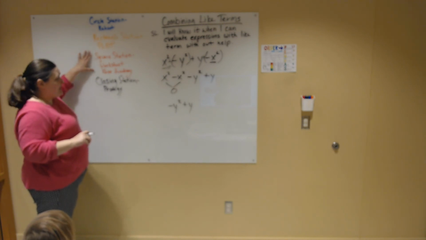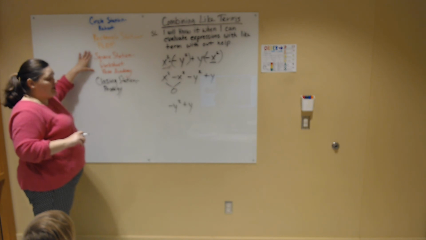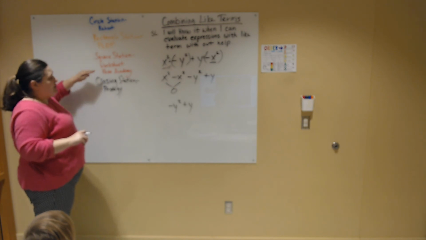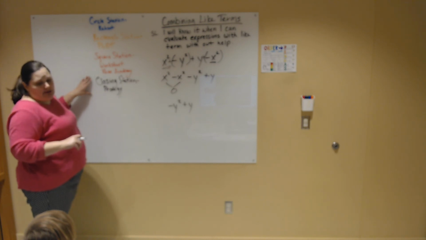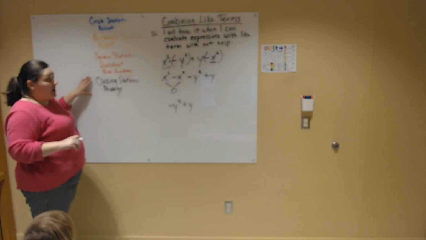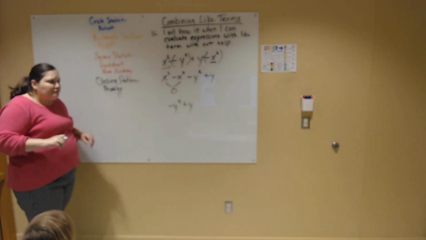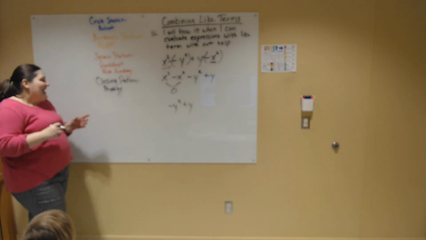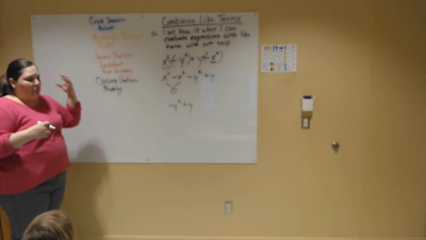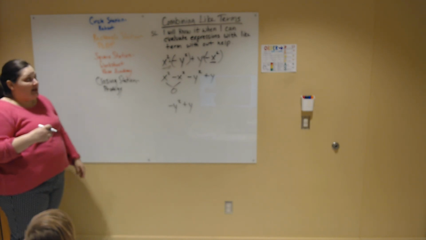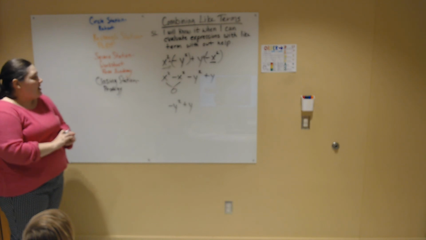Remember, Square Station is at your desk, and we're going to have a worksheet for you to work on your own. And when you're done with the worksheet, you can do a little bit of Khan Academy. For our closing station today, we're going to do some Prodigy. After that, before we close, we'll have a little bit of reflection time before the end of math. Okay? All right, get to it.